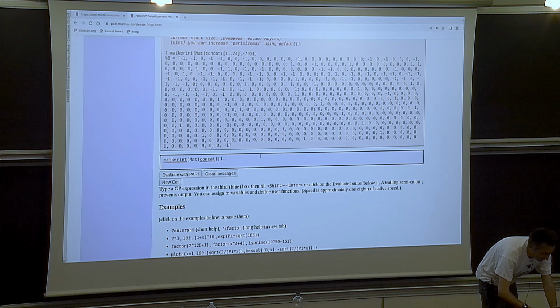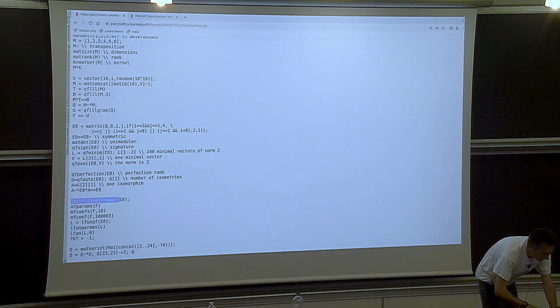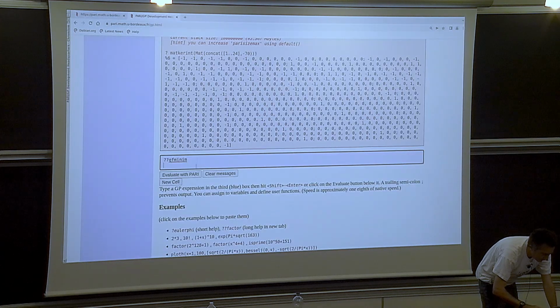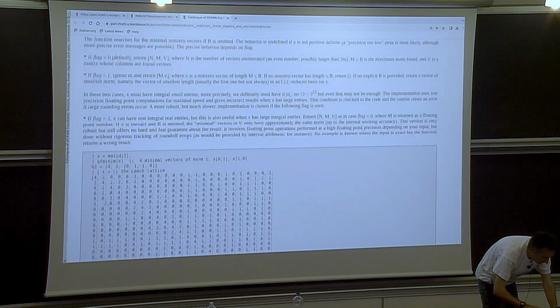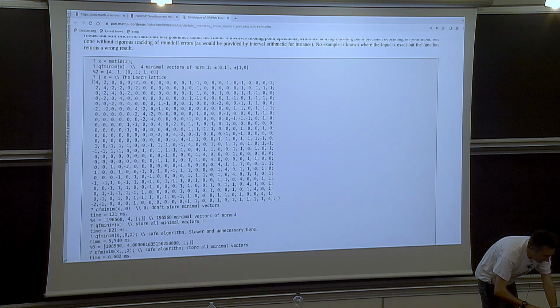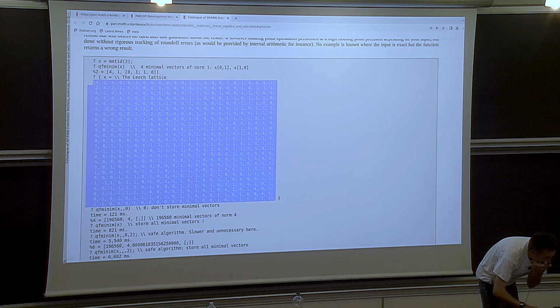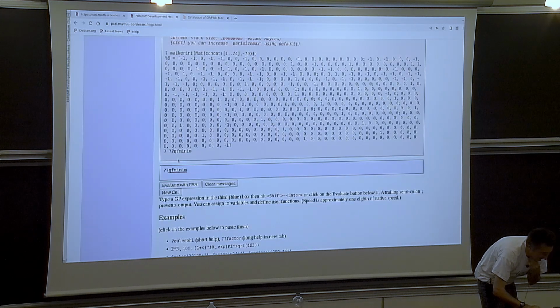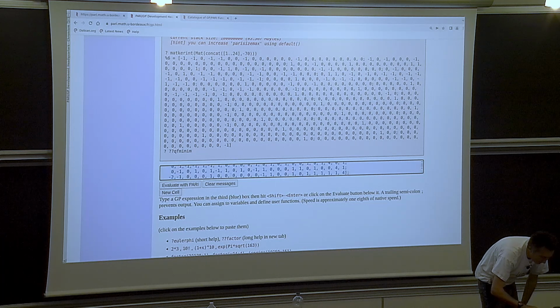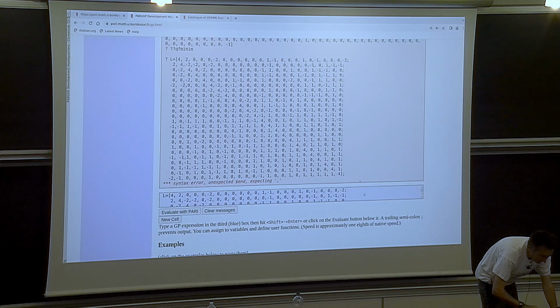If you do this, then you should get the Leech lattice somewhere. Okay, so yeah, get the Leech lattice there. That's why I wanted the shortest formula. It was more fun. Okay, so we have the Leech lattice, and then you can try.